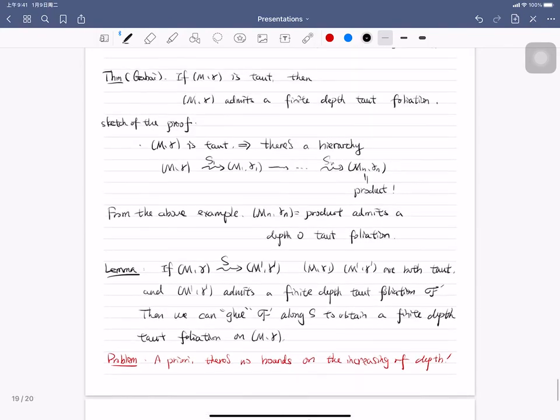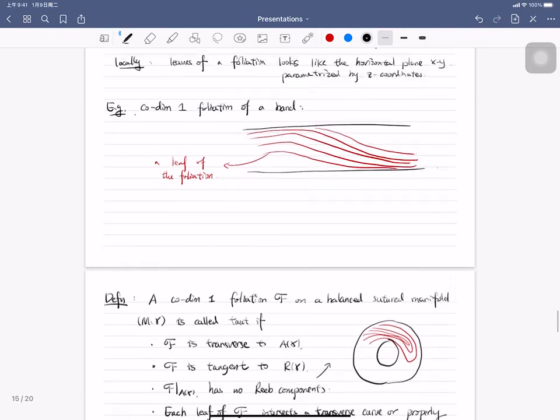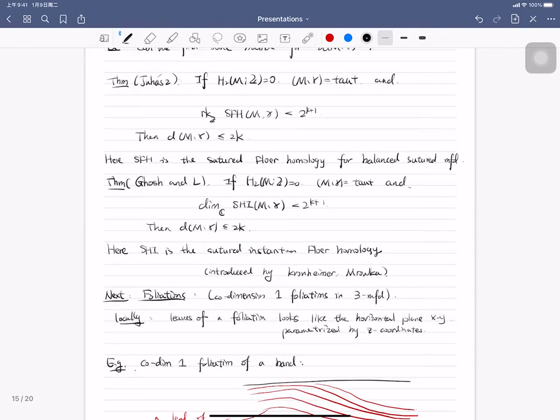This is related to one theorem which I introduced in the first part. So let me circle it here.